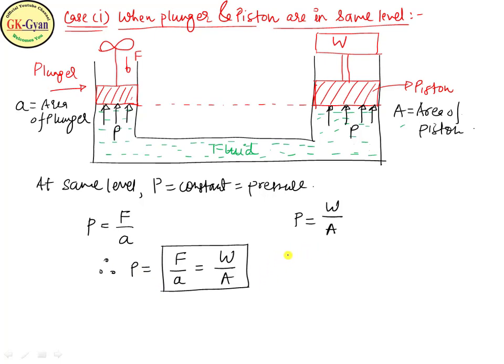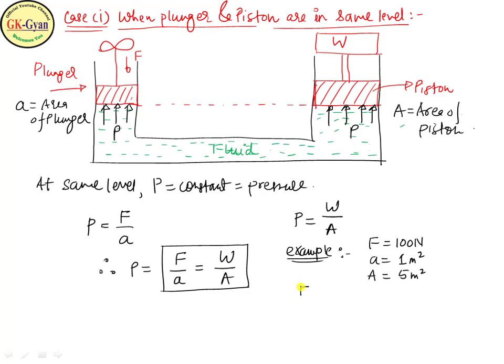Let us take an example. If the force on the plunger is 100 Newton and the area of the plunger is 1 meter square and the area of the piston is 5 meter square, find the weight lifted by the piston.